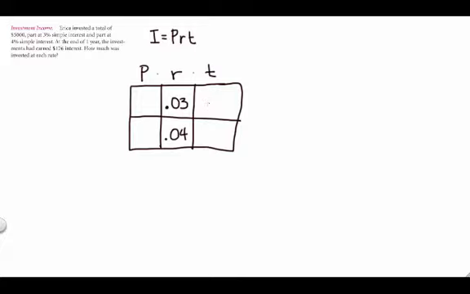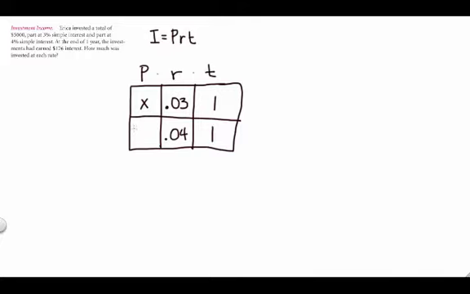And let's see, the time is 1 year, right? Because it said at the end of year one, the investment earned a certain amount of interest. But the thing that we don't know is how much Erica invested in the first one and how much Erica invested in the second one. So whichever one you choose, you can choose either one to be the variable, and you don't have to use X. You can use W, you can use P, you can use anything.